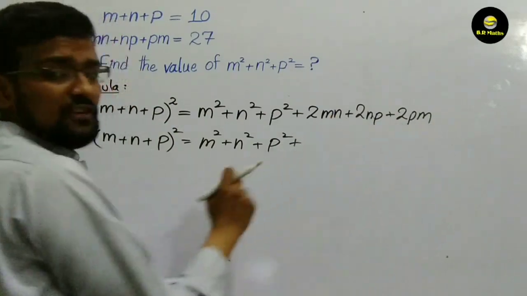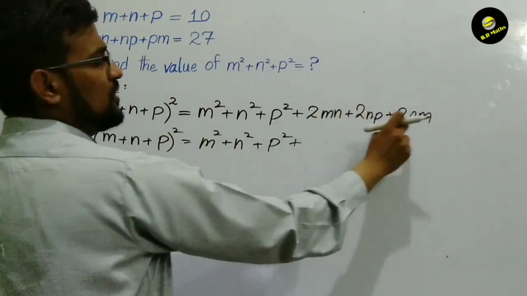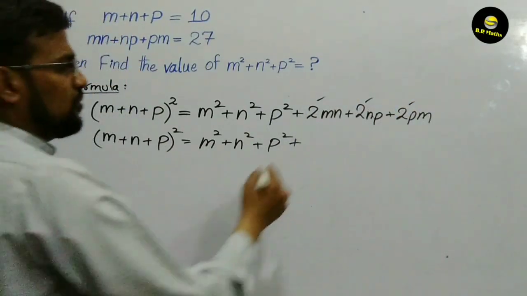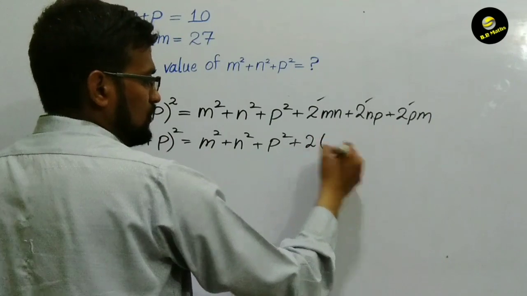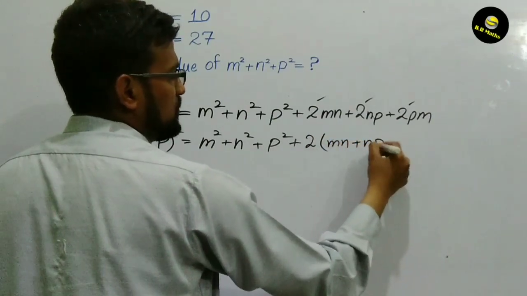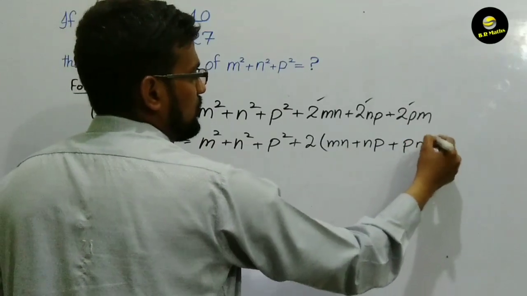In these three terms 2 is a common factor, so take the common 2, and in the bracket mn plus np plus pm.